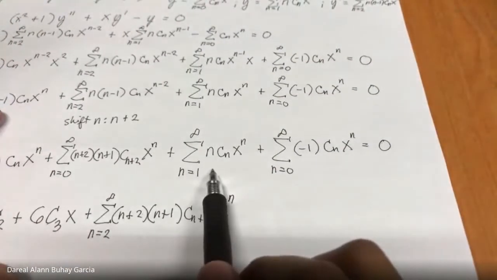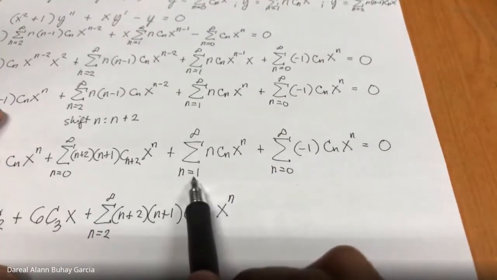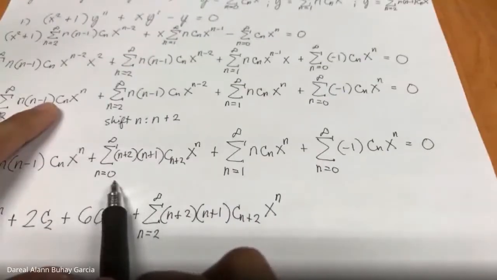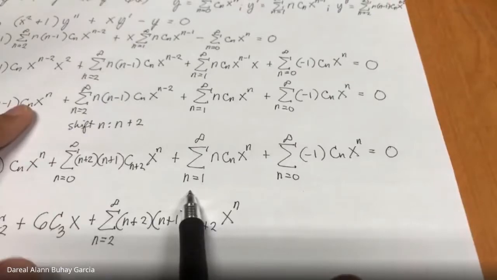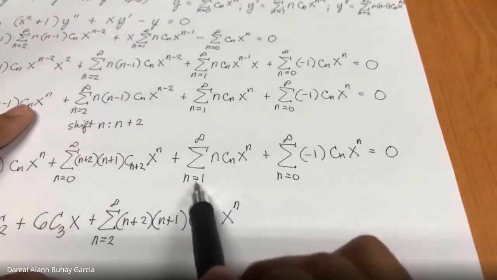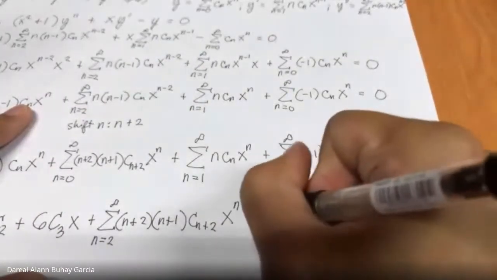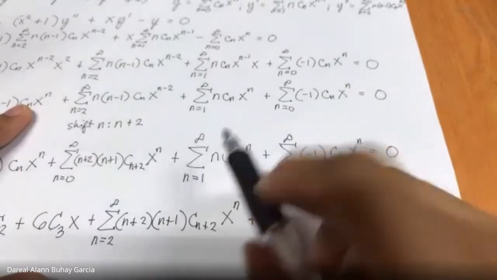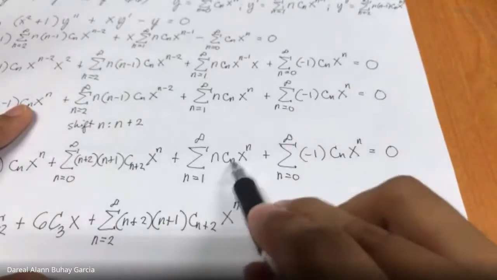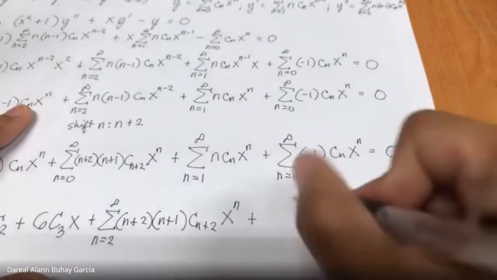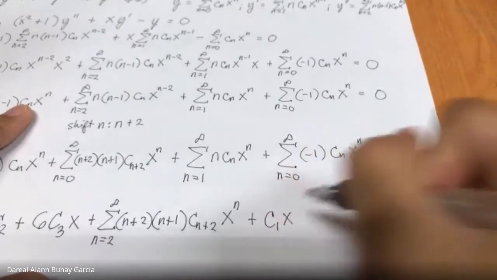Kani siya, ipagawas na tong isa, no? Starting from 1 naman ta dire, di na unlike kanina nga 0. So mag-start tag 1 dire. So para 2 na ni magsugod, at ipagawas si 1, C1x plus, substitute 1 to all n's, C1 times x.